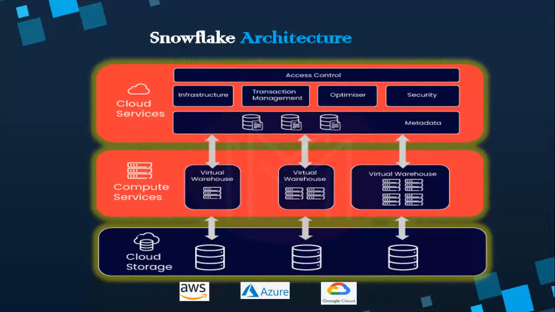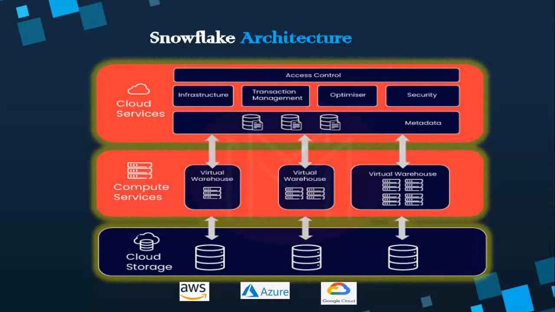When you are creating a Snowflake account, it will ask you whether you want to use AWS as a data center, or Azure, or Google Cloud. If you choose AWS as a cloud provider, then Snowflake will store its data in AWS S3 buckets.